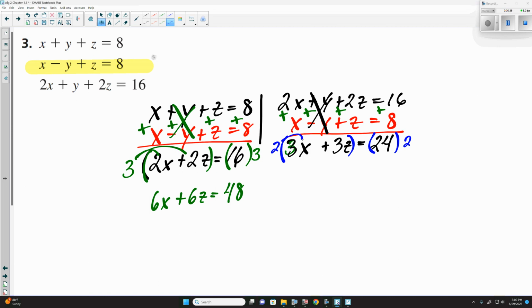Do the same thing with 2. 2 times 3x is 6x. 2 times 3z is 6z. And 2 times 24 is, what do we think the answer is going to be? Infinitely many, most likely. Now at this point, we need to put them over the top of each other.